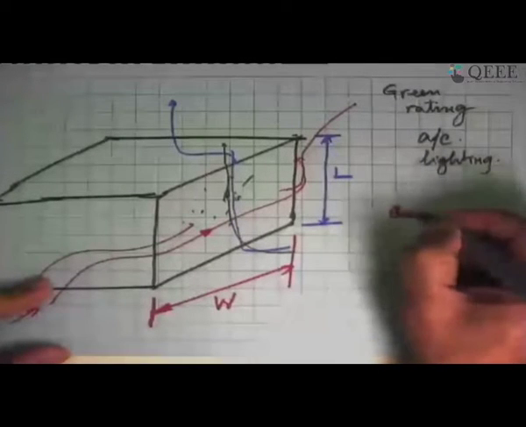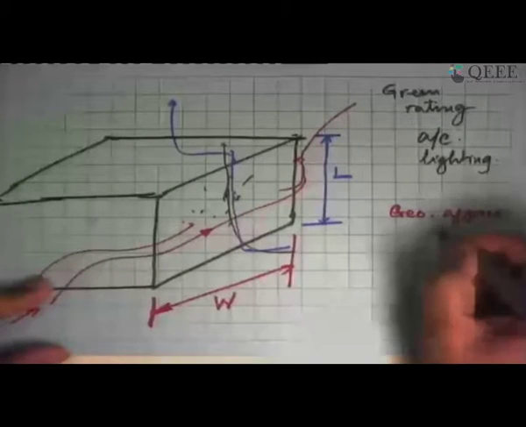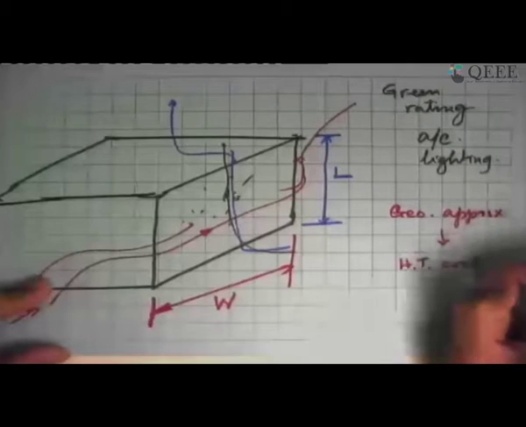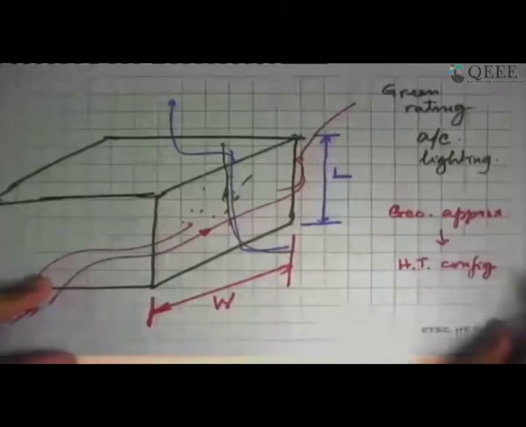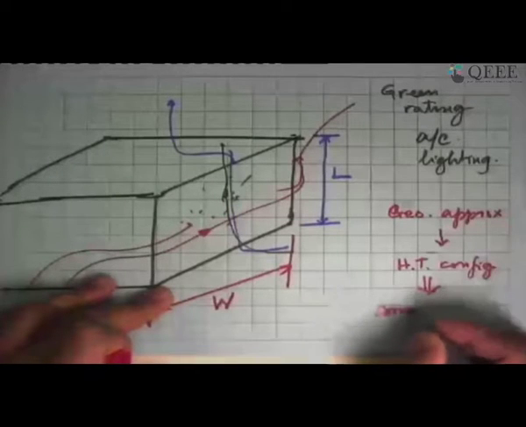So those are the type of geometrical approximations that we do. And from that approximation, we are then using some heat transfer configuration. And this is important to define because this configuration told us which correlation to use.